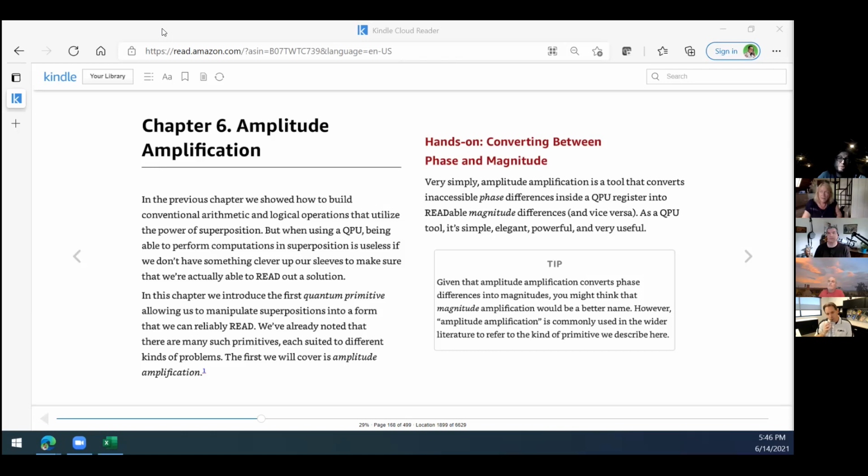Even in the IBM environment, there are some problems from this book that you can't simulate, because they say we don't have enough qubits. It'll just error out, or you try to run it on the IBM quantum environment and it'll say you don't have enough credits. So it's in development where the hardware is not generally usable yet.